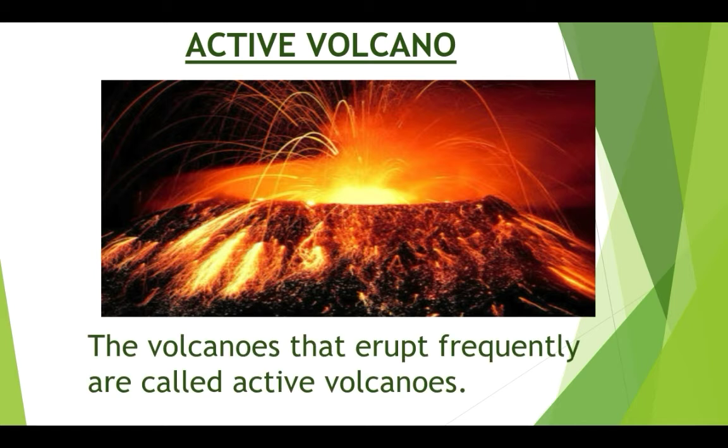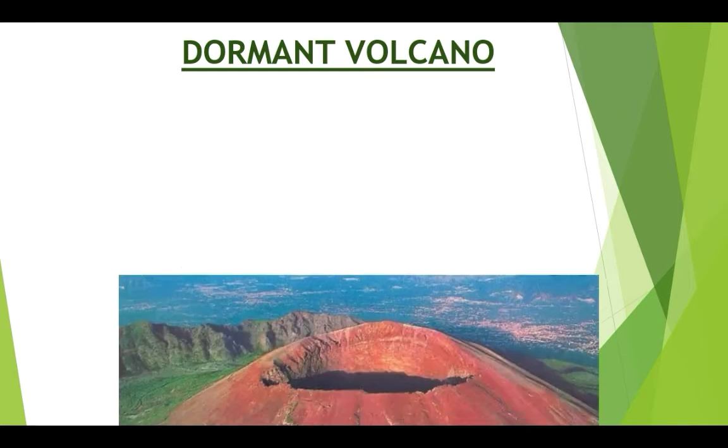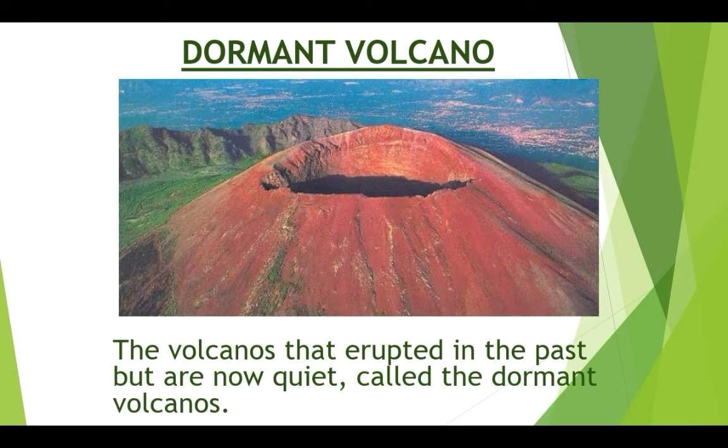The volcanoes that erupt frequently are called active volcanoes. Second are the dormant volcanoes. The volcanoes that erupted in the past but are now quiet are called dormant volcanoes.